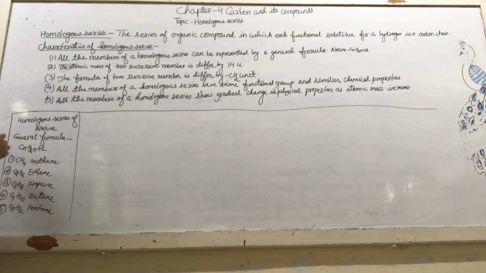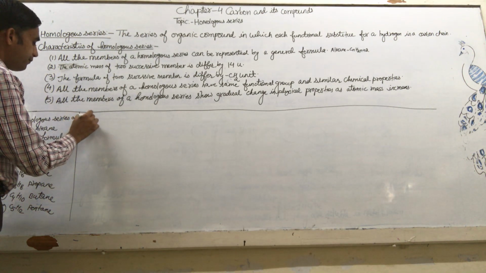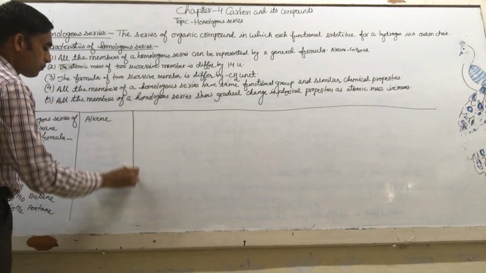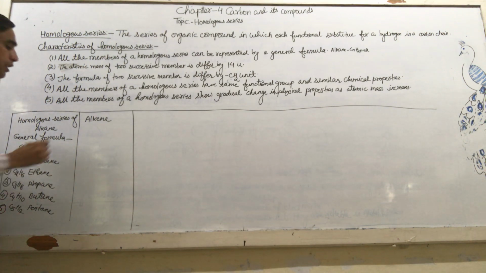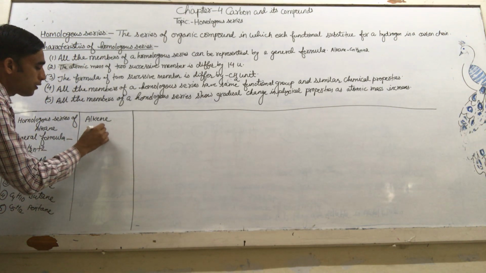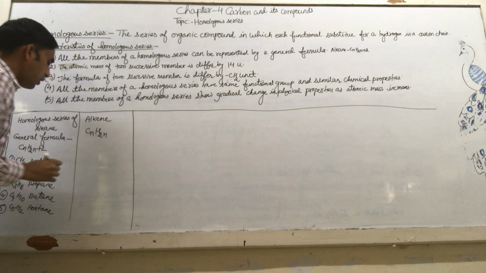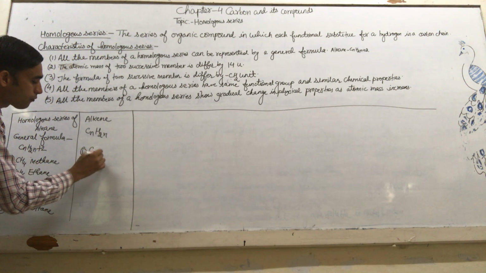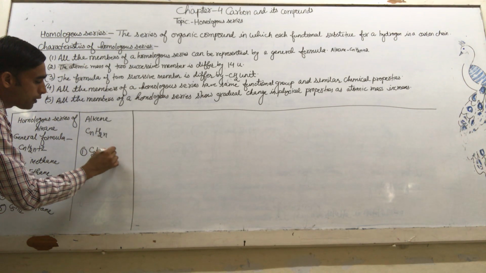Next, the homologous series of alkene. The general formula of alkene is CnH2n. So the first member is C2H4 ethene.